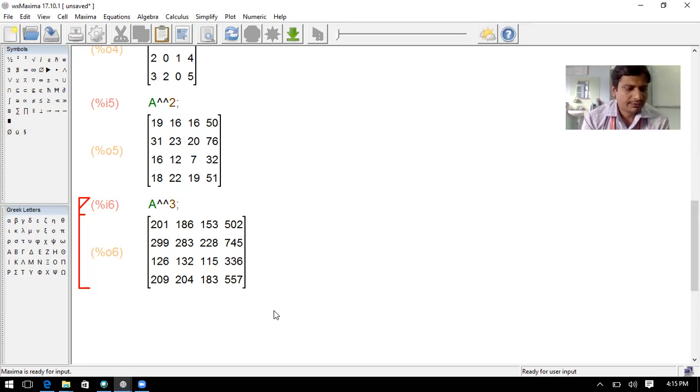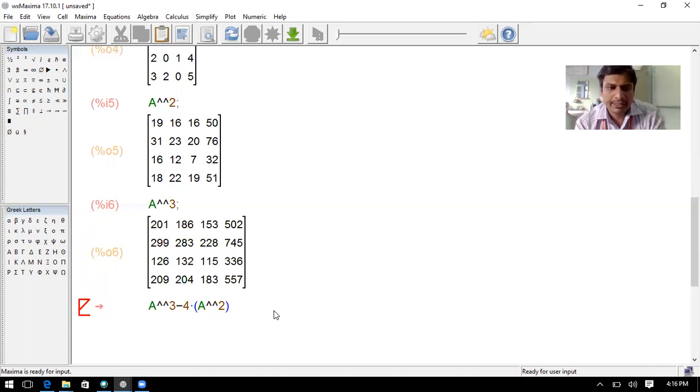Okay, we want the final equation, that is A cube minus 4A square plus 2A minus 3I. You type here, A cube means A double cap of 3, then minus 4A square, that is 4 star of A square. For A square you take the bracket, then A double cap of 2.